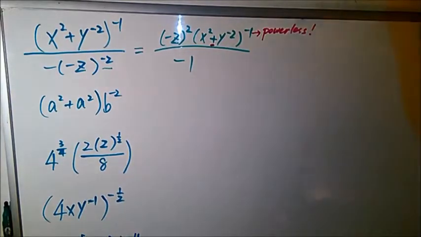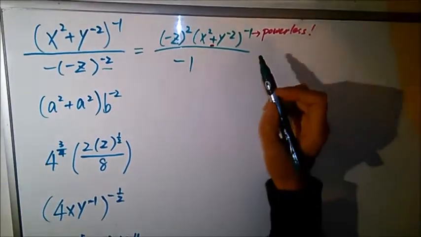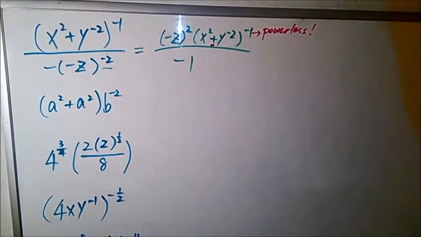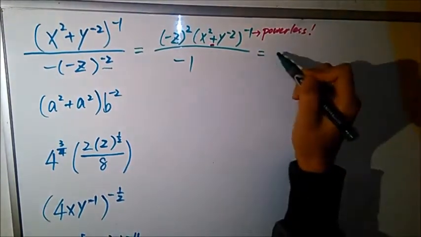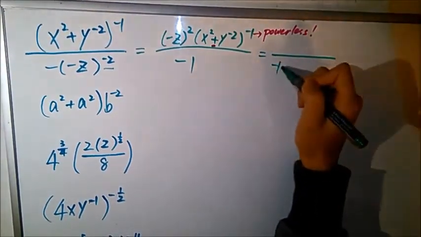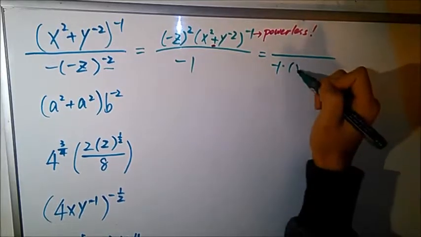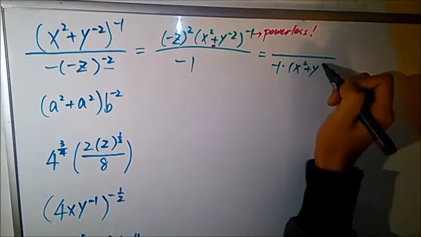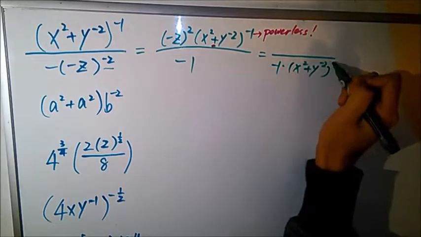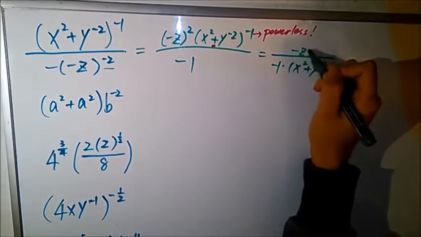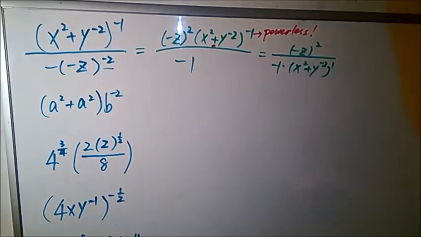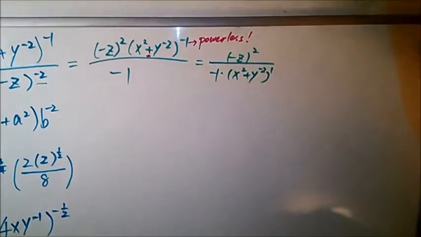So what we got to do, since it's a negative exponent, we're going to take the whole parentheses and put it downstairs because it's all connected. Right. Okay. Now that we have that, we know that negative z squared is going to be positive z.